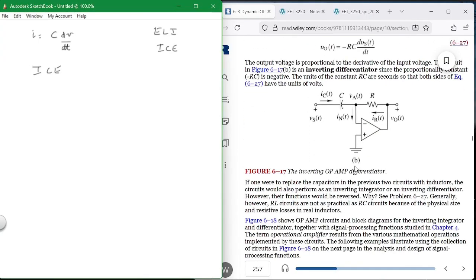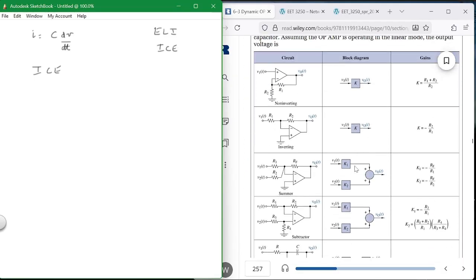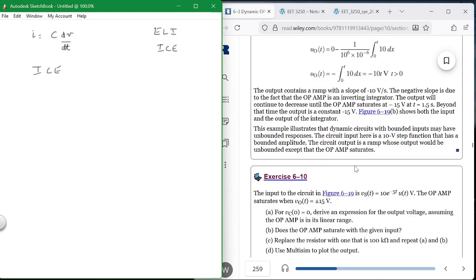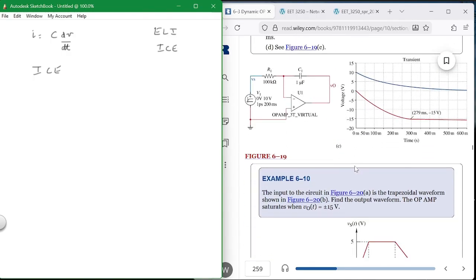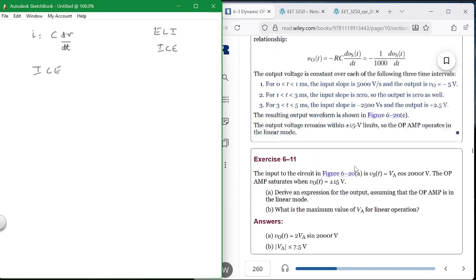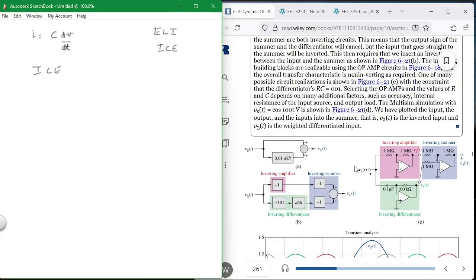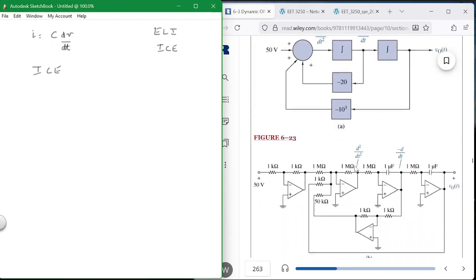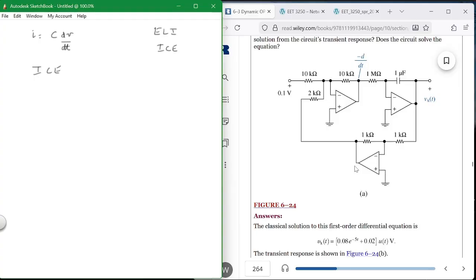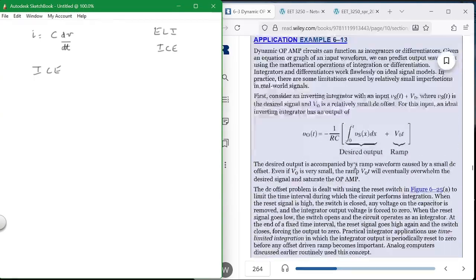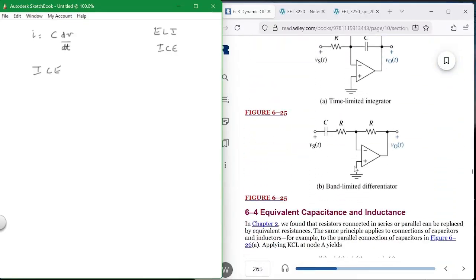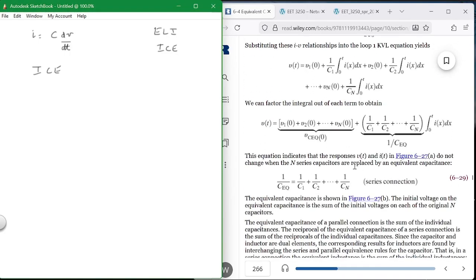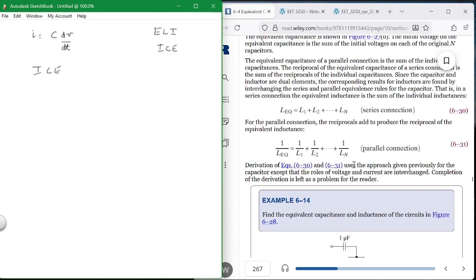We're skipping that. Combining of capacitors and inductors, which you already had.